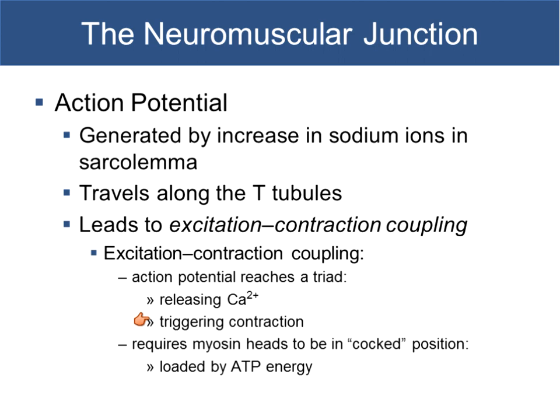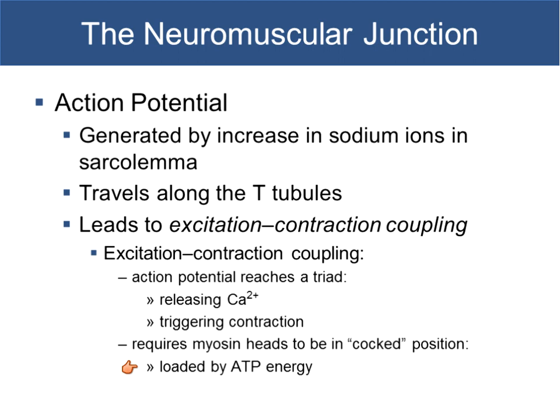The myosin head is attracted to that exposed active site and pulls that thin filament in towards the M line, or the center of the sarcomere, and then ATP will recock that myosin head. So we understand that triggering contraction means a lot more than just triggering contraction. We know exactly how those actin and myosin filaments are going to interact with one another. So we have a very good understanding of what that means, and just to abridge it, we just say, triggering a contraction.